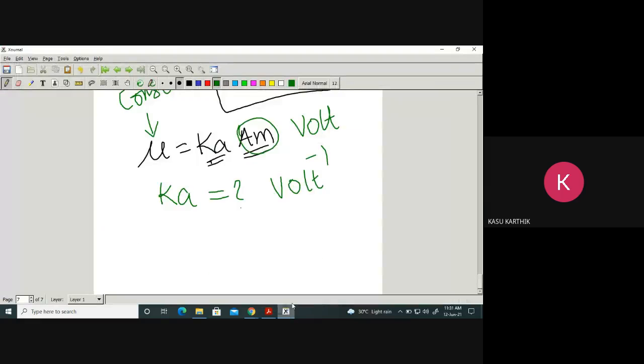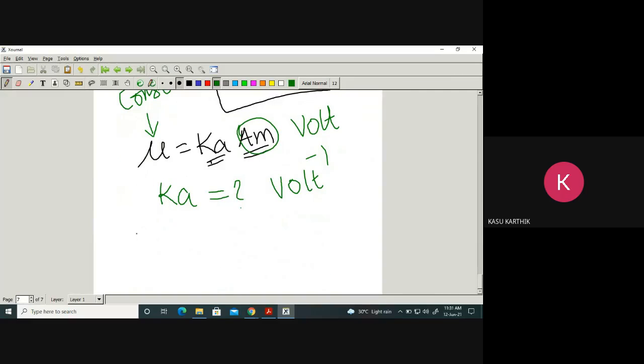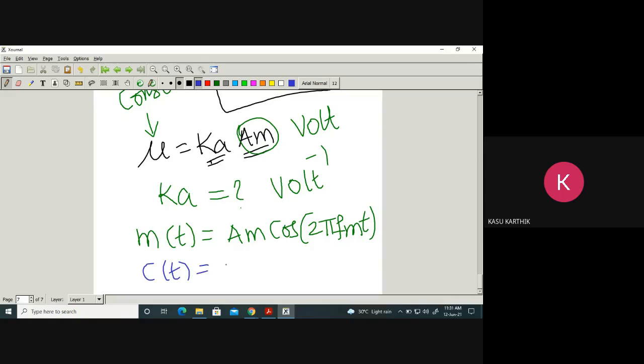Here is one more important thing. What is m of t in a single tone AM signal? Am cos 2 pi fm t. What is the carrier? The carrier is always c of t equal to Ac cos 2 pi fc t. Both are sinusoidal signals, both are cos waveforms.